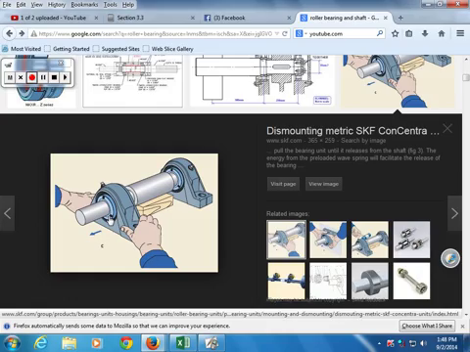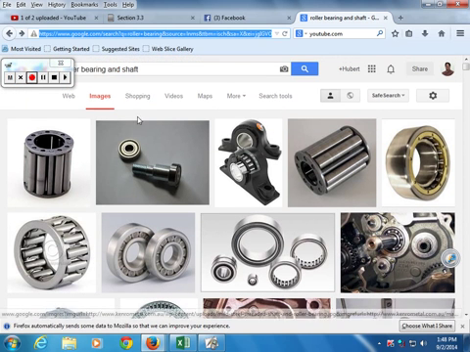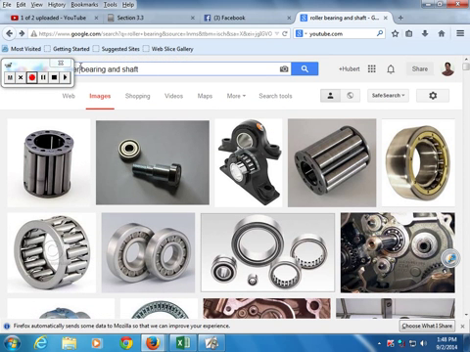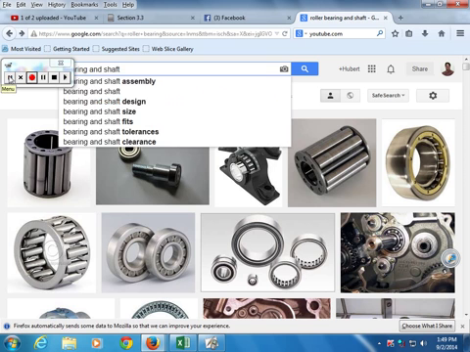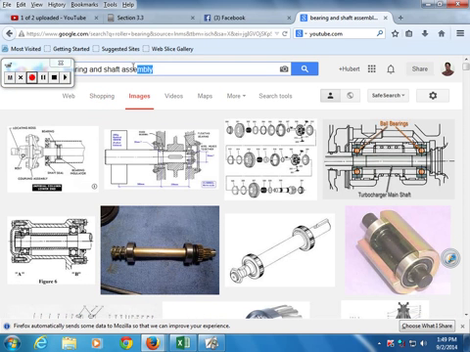And what's that got to do with this? Well, what happens when a bearing goes out? Let's see if I can pull up a picture. Well, the bearing shaft's similar, that's good.